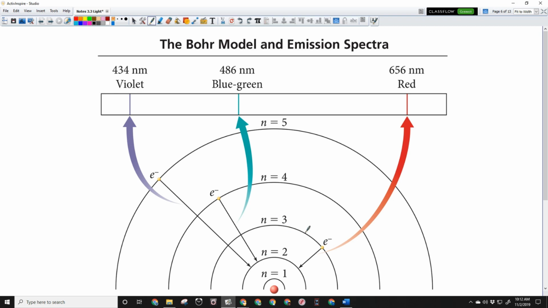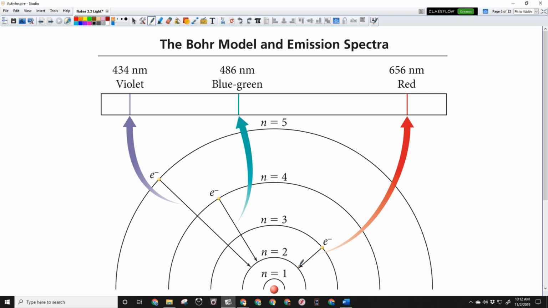So when these electrons absorb any kind of energy, they're going to start spinning faster around the nucleus. And when they do that, it's going to cause them to jump into a higher orbital. Just like if it was a satellite going around the Earth, if the speed of the satellite increased, then the radius of the orbit is going to also increase.